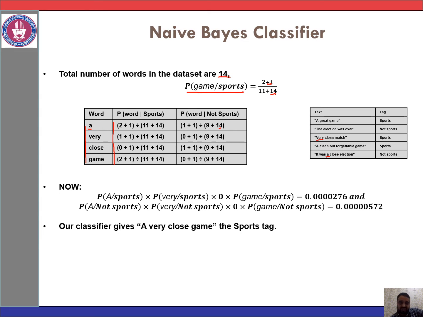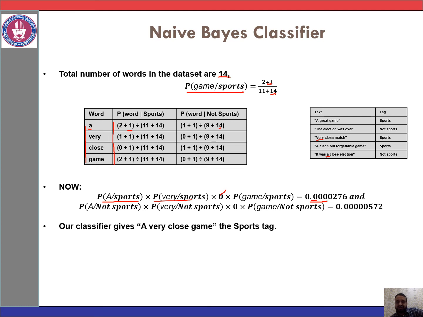As a last step, we calculated all these probabilities for both the tags, sports and not sports. We will multiply all these probabilities that are calculated in this table, and we will get the total probability. Sorry, this is not 0, this is calculated here because of the smoothing. So the total probability of the sentence given that the tag is sports is 0.00000276.